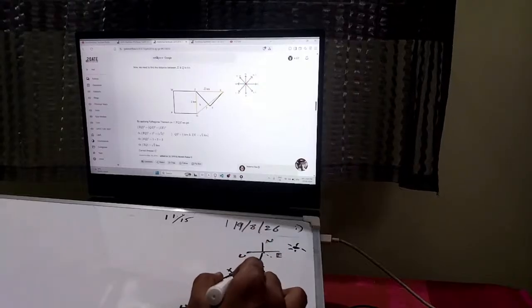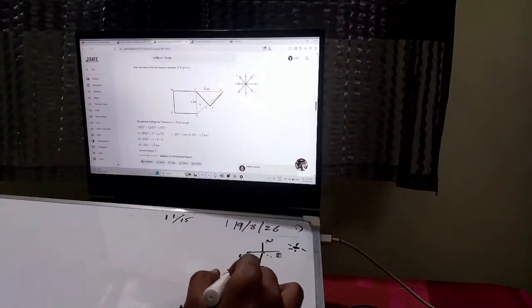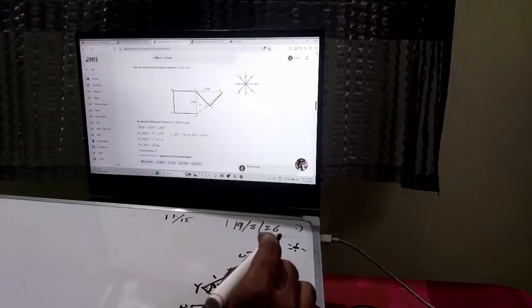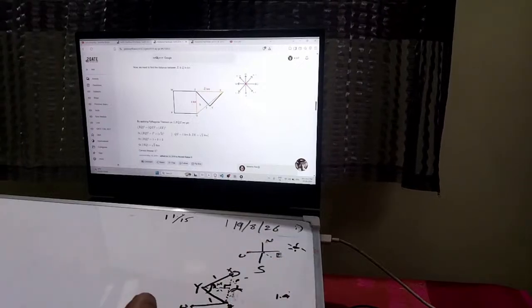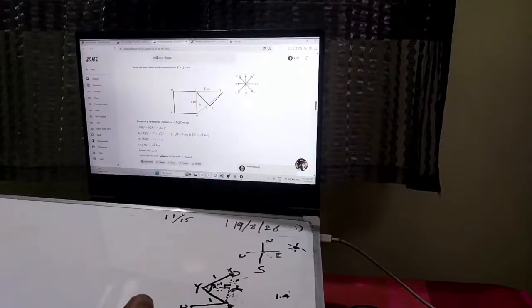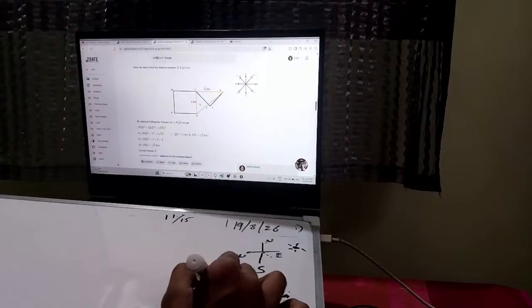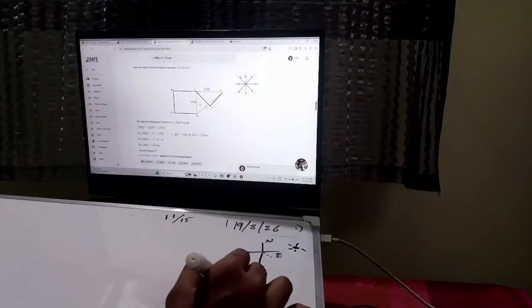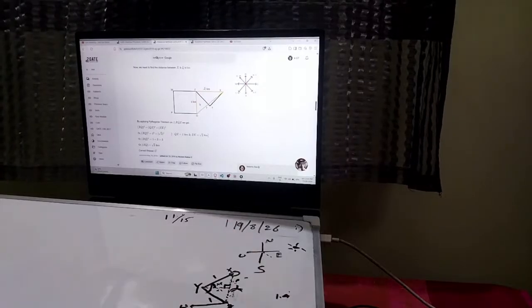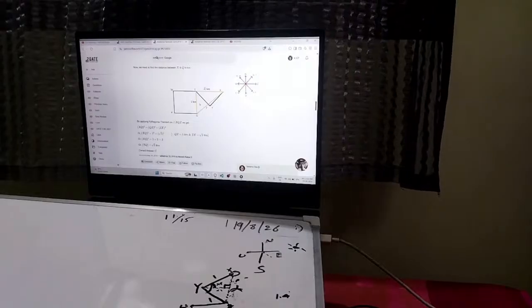Okay, 1 by root 2. Fine. This is 1 by root 2. What about this? This is also the same, 1 by root 2. 1 by root 2. It will become what?